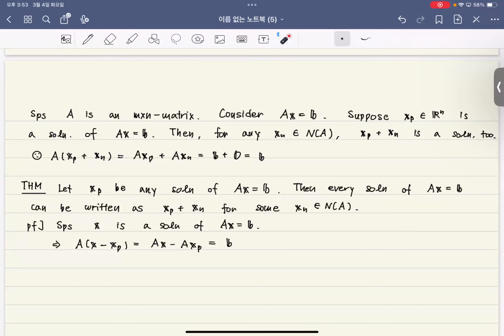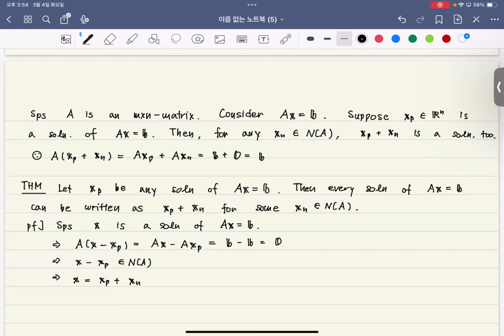And we have assumed that xp is another solution of the same system, so Axp is again b. So b minus b, which is 0. This implies x minus xp is a member of the null space. Therefore, x can be written as xp plus some element from the null space. So this is the proof.